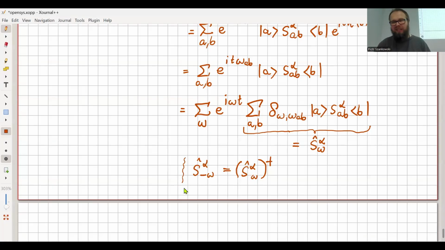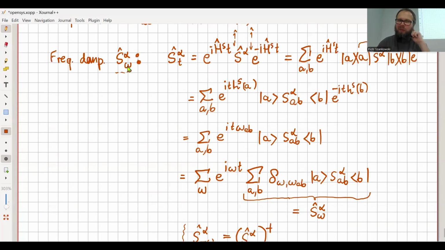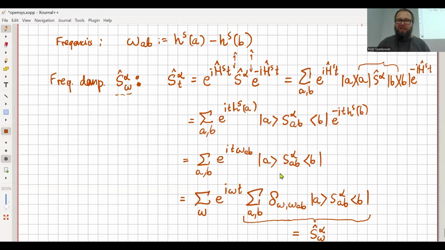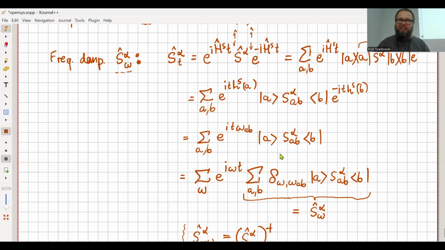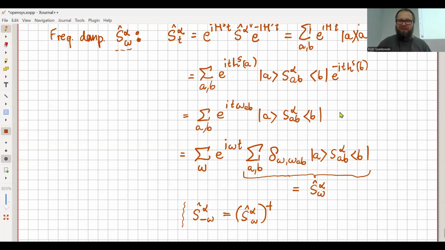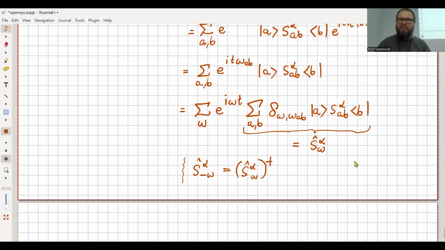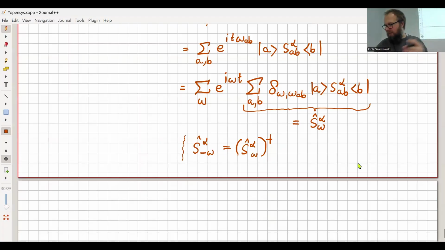What is good about this frequency decomposition is that, from the very definition, it's an interaction picture, whenever it meets unitary evolution generated by the Hamiltonian, it's very easy to compute what you get, because of this decomposition into projections on the eigenstates of the Hamiltonian. So having this frequency decomposition is a very good trick to have in your back pocket. It comes in handy often.